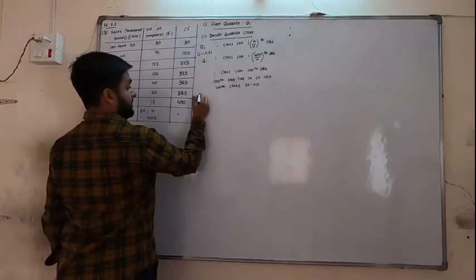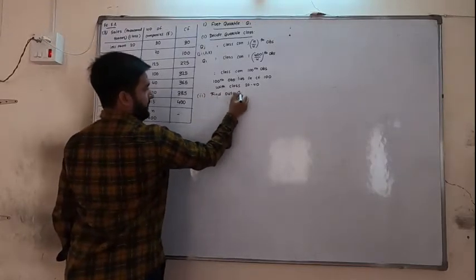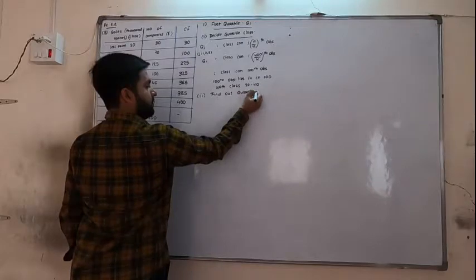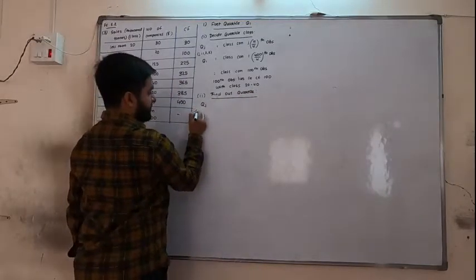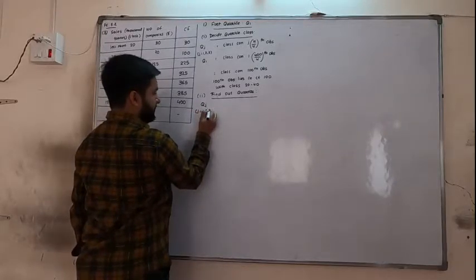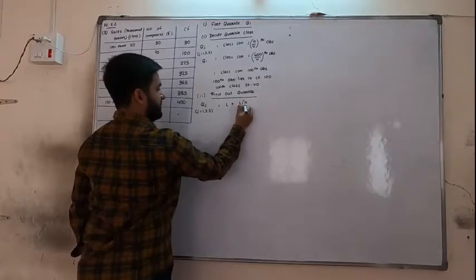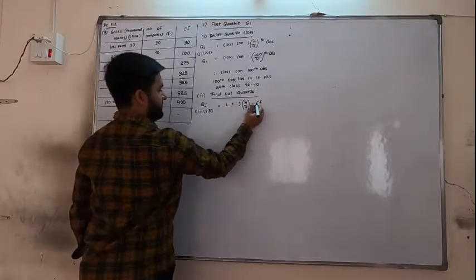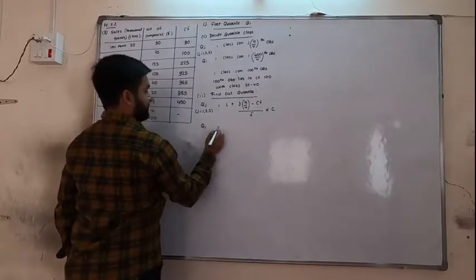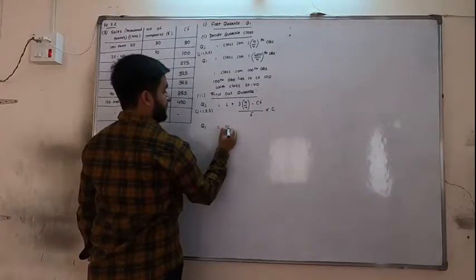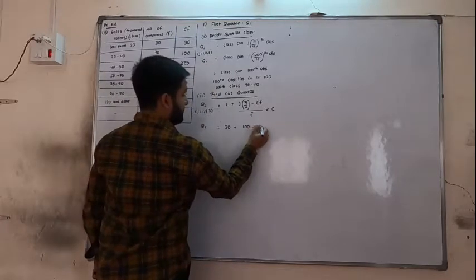Okay. Second step, find out the quartile. For that, Qj, j is equal to 1, 2, 3, is equal to L plus j n by 4 minus Cf divided by F into C. We need Q1. 20 plus 100 minus the cumulative of the previous class, which is 30.